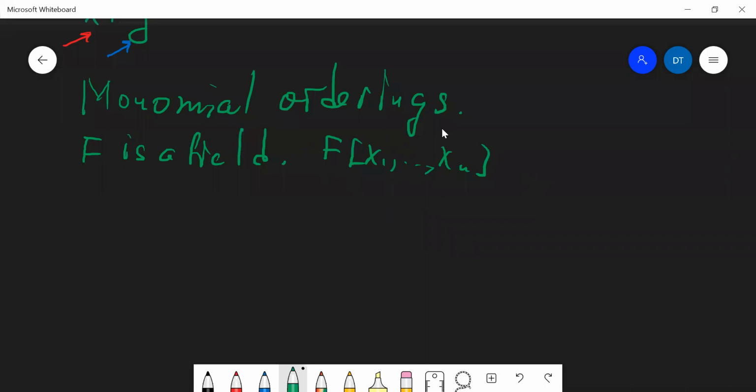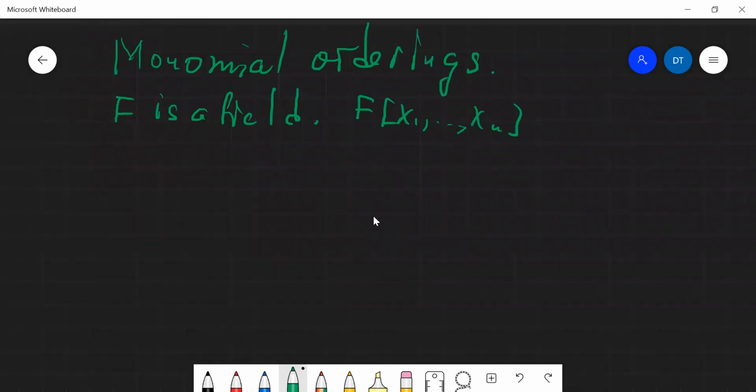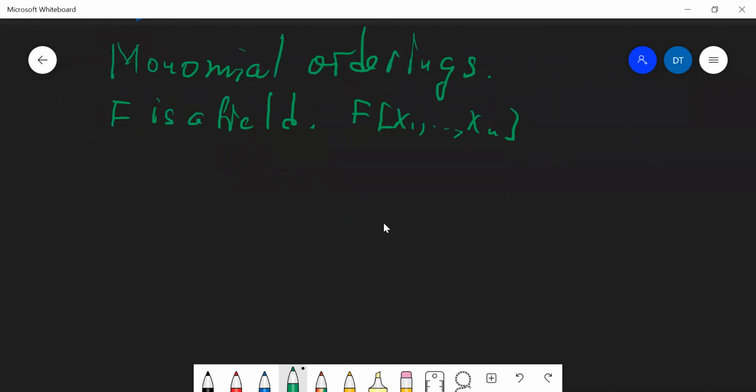This set of all polynomials in variables x1, ..., xn is a commutative ring with respect to the addition and multiplication of polynomials.